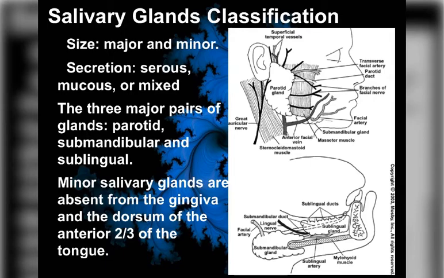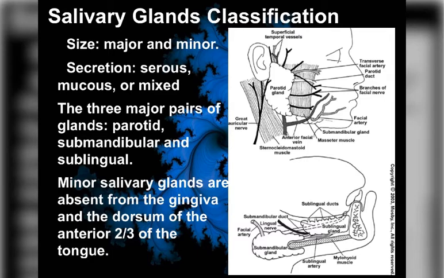Also in the floor of the mouth there is the sublingual gland, which is one of the major salivary glands. It's also a mixed gland, but it's grouped as a major salivary gland.